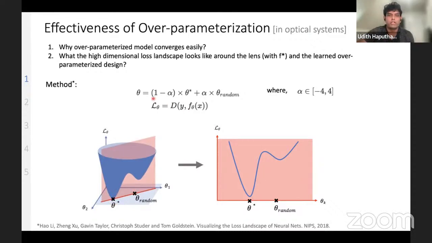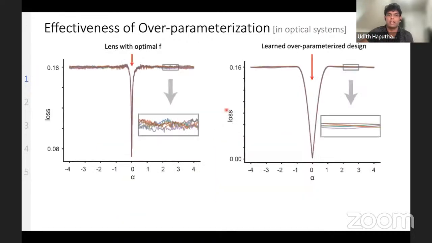So this is the basic loss parameterization we use with this alpha parameter. When alpha equals 0, theta will be theta star, which means this point. I change alpha from minus 4 to 4, with 800 samples in between, and this is what the loss landscapes look like.